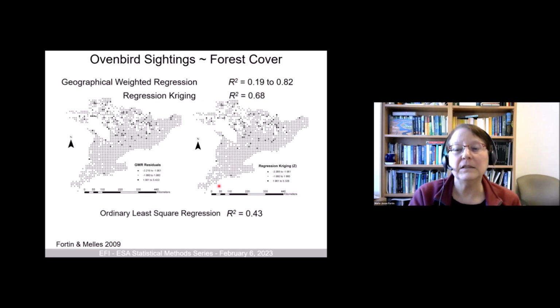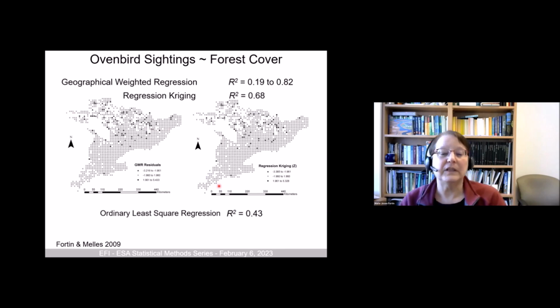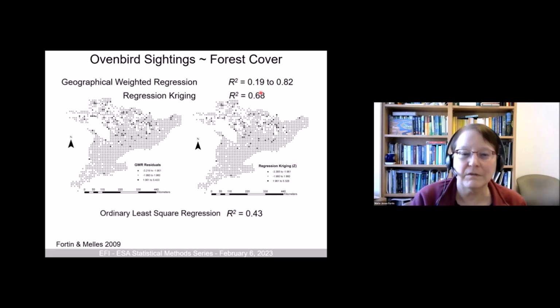When we do that, in this case, with the regression kriging, the R squared is 0.68, so better than the least squares, and in the average of the geographically weighted regression. But unlike the geographically weighted regression, we have only one regression for the entire region versus 1,359 as we have number of sampling locations.